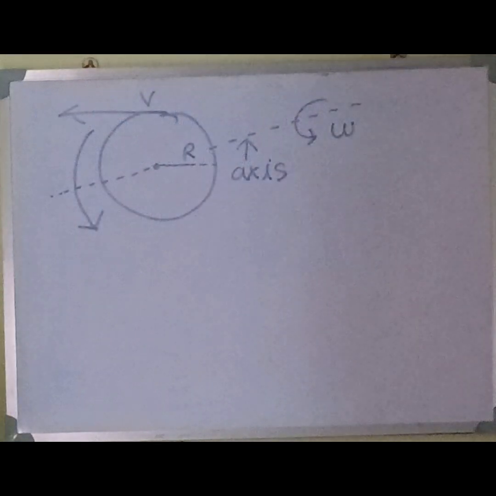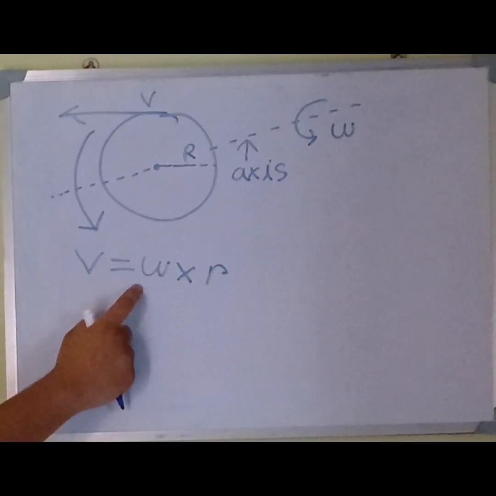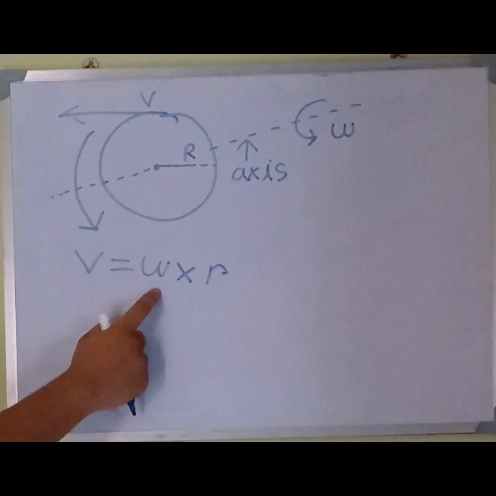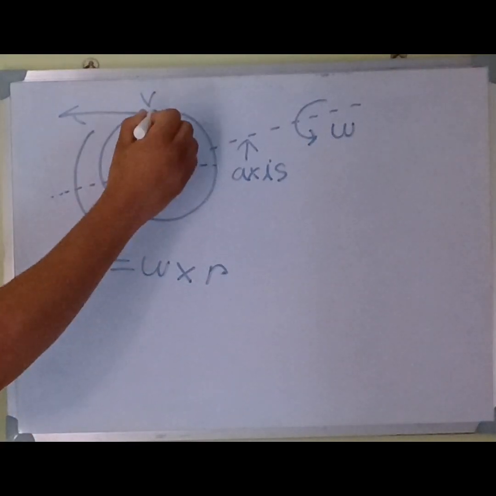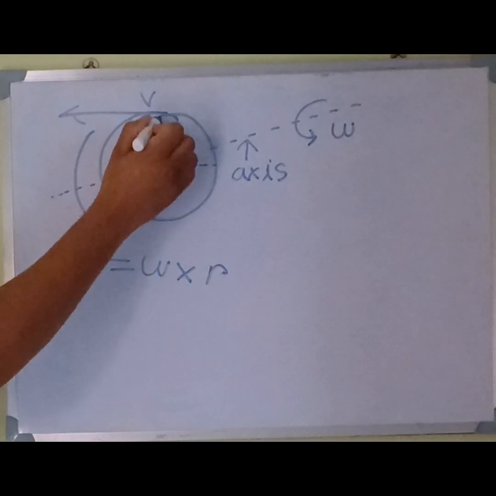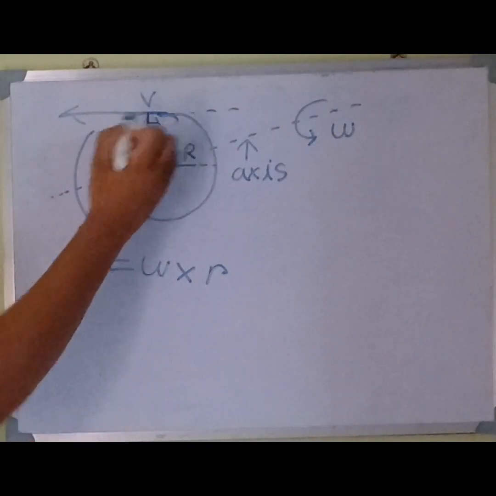Now, there's a relation between angular velocity and tangential velocity. That is, tangential velocity equals angular velocity multiplied by the perpendicular distance between the line of velocity and the axis.